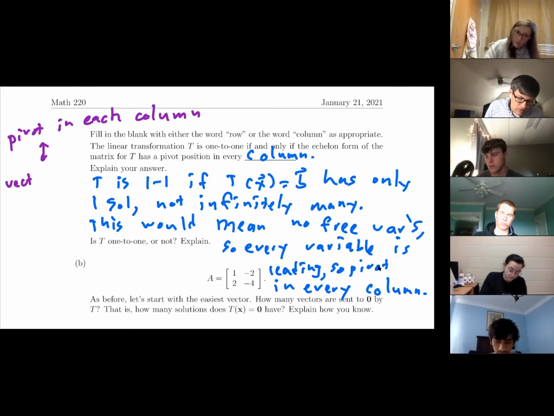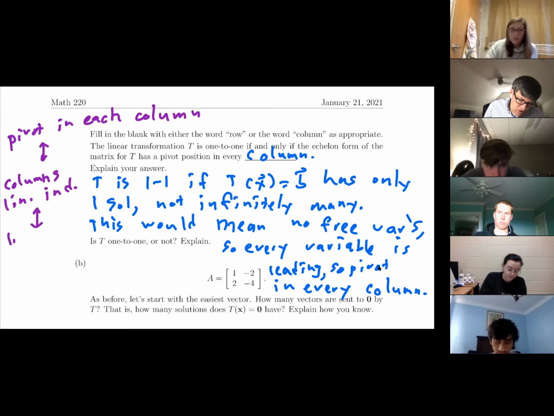Let's say columns linearly independent. And the idea of linear transformation is 1-to-1. Those things all go together.